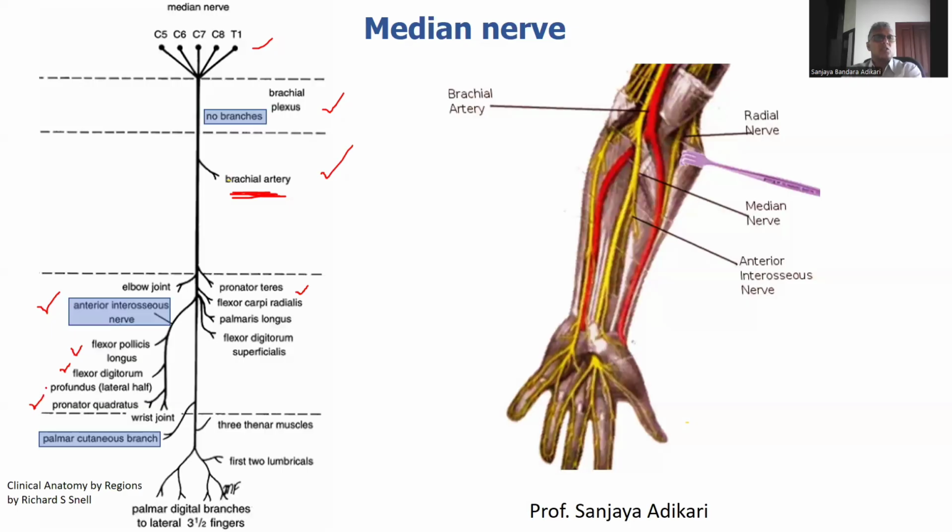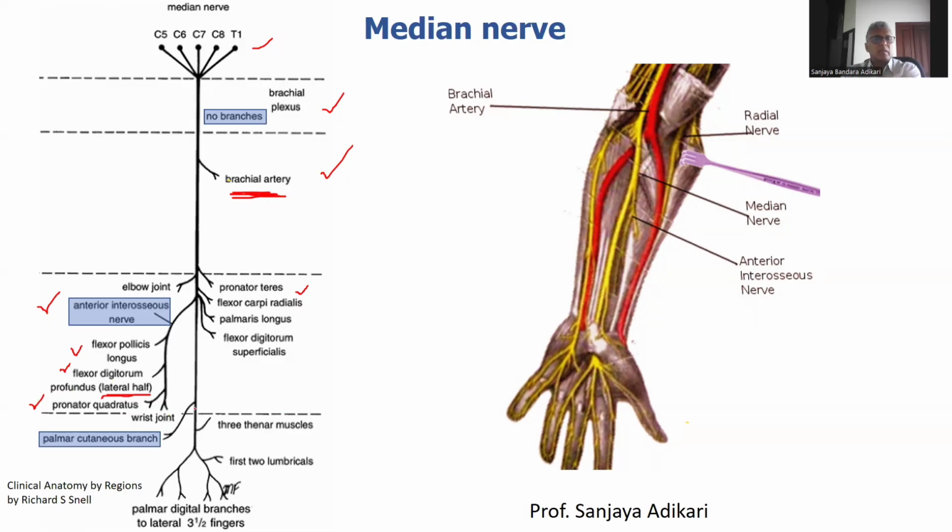The median nerve supplies the lateral half of the flexor digitorum profundus. The medial half is by the ulnar nerve. So remember this point, if an MCQ says anterior interosseous nerve supplies the flexor pollicis longus, it's true. Flexor digitorum profundus, true. Pronator quadratus, true. It's not the main trunk, but the anterior interosseous branch.